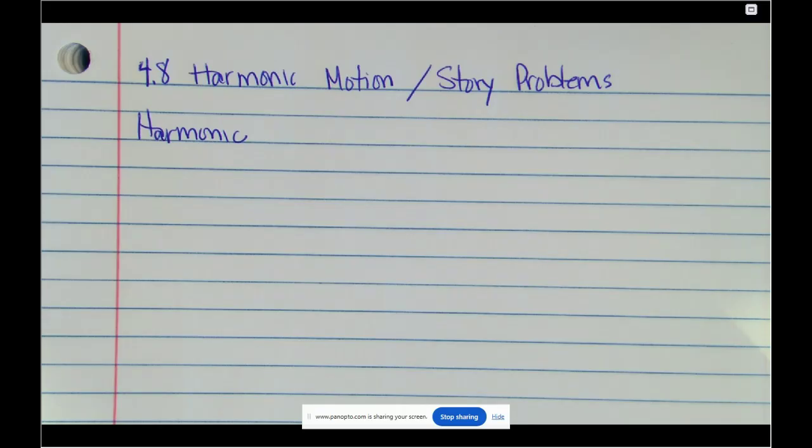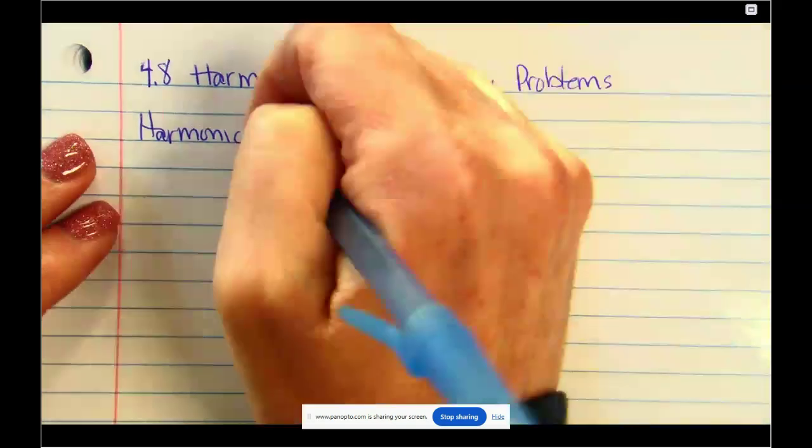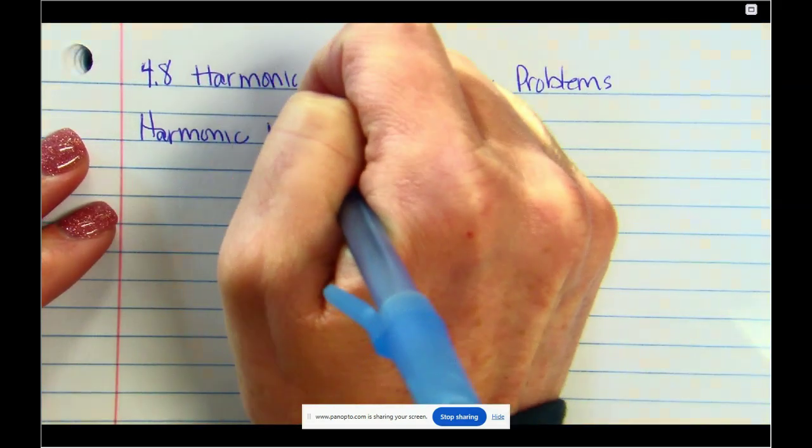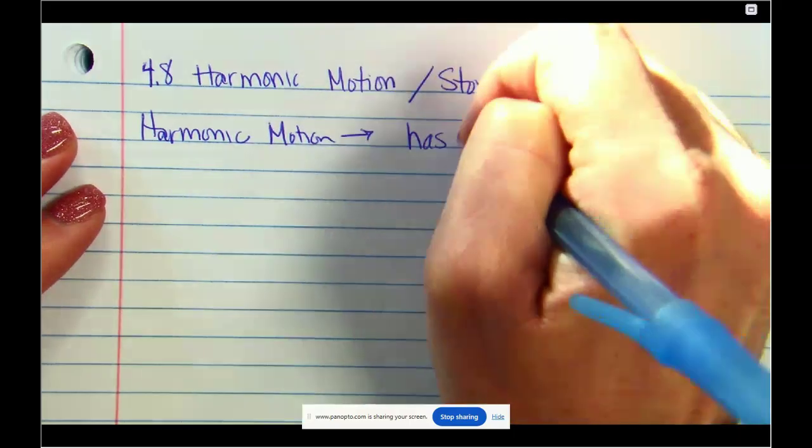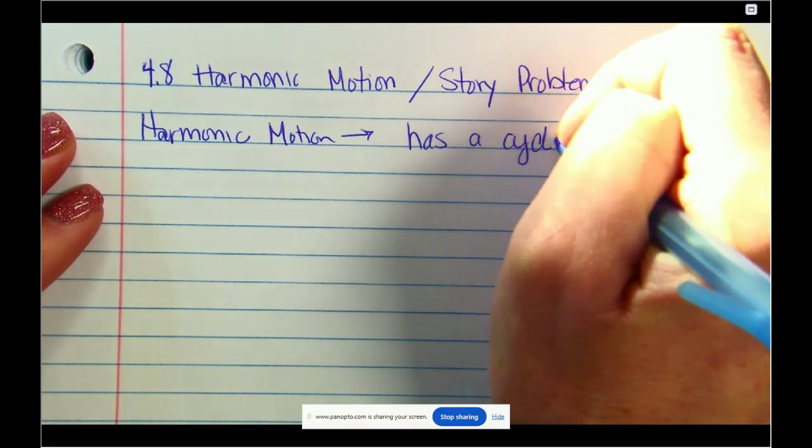Anything that's waves, like if you were able to chart waves at the beach, or a spring. So we'll do an example of a spring. There's lots of different things where you can talk about writing the equation in terms of sine and cosine. Anything with harmonic motion has a cycle.